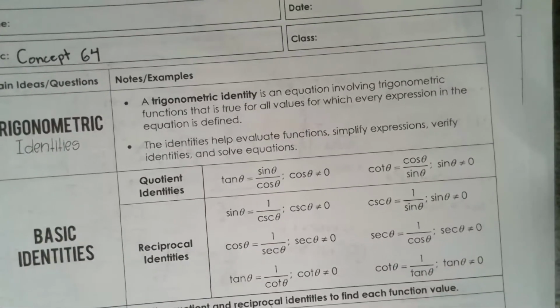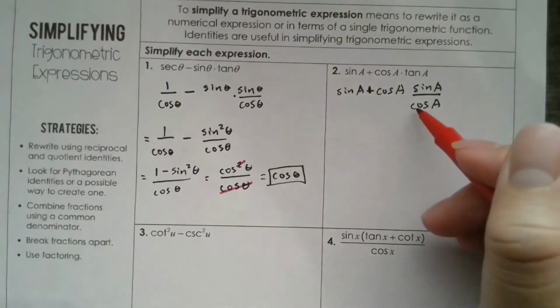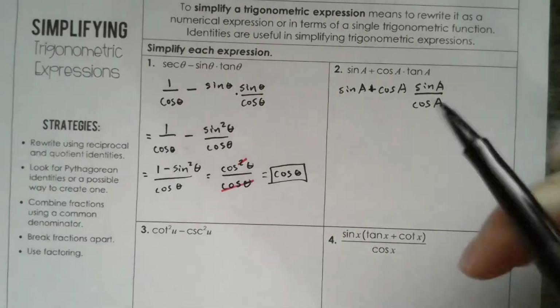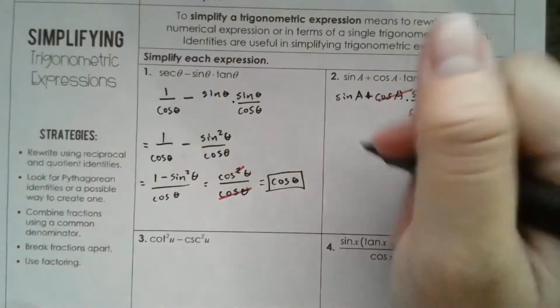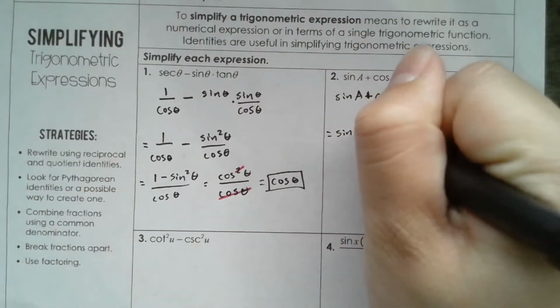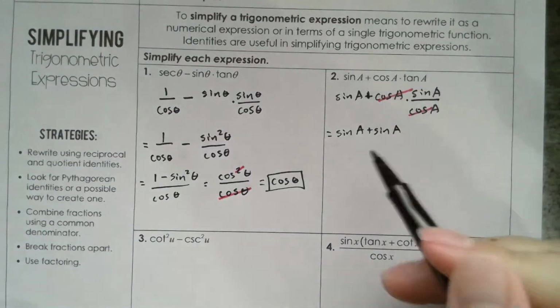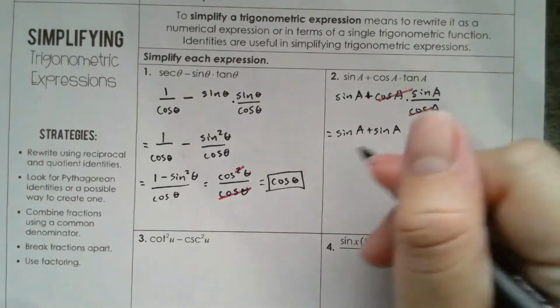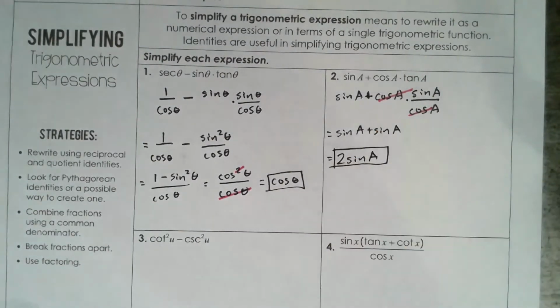It's a quotient identity. Alright, I have cosine A times sine A over cosine A. Cosine A's cancel, so then that gives me sine A plus sine A. Sine A plus sine A, how many sine A's do you have? 2. 2 sine A. There you go. That's your answer.